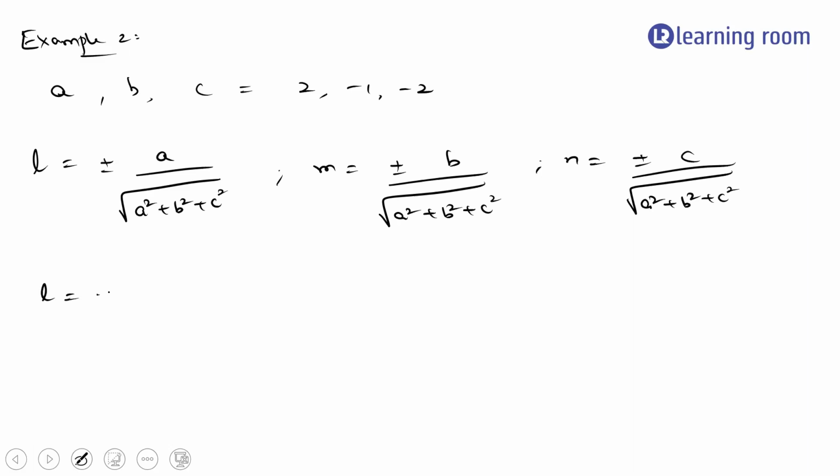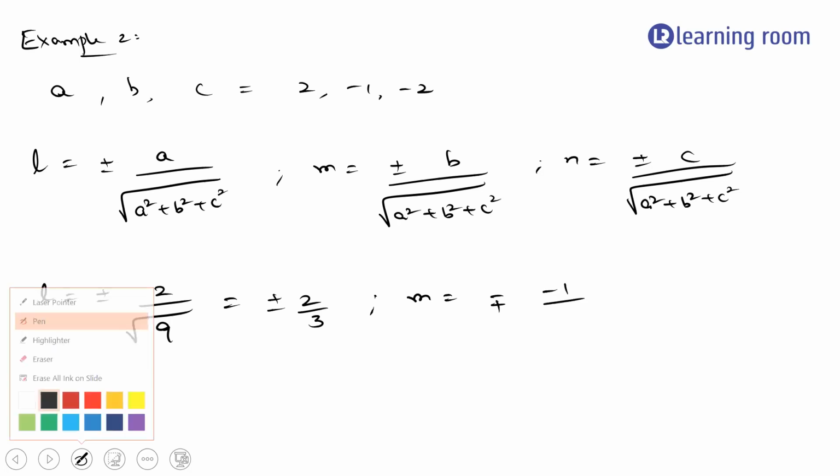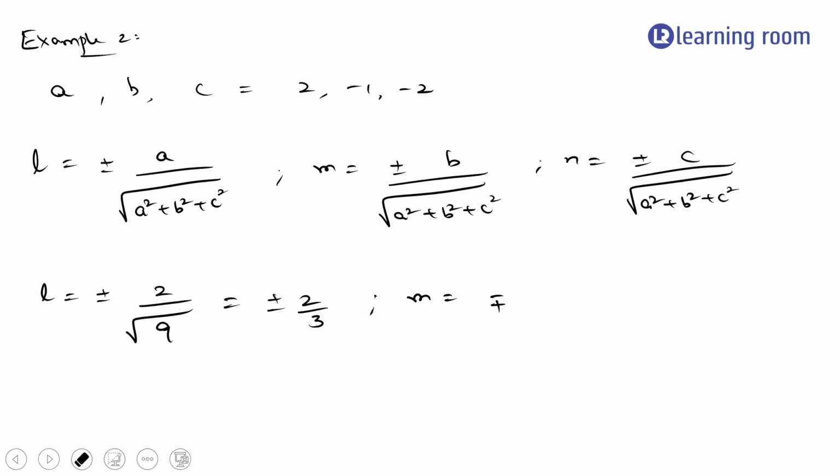So L will be equal to plus or minus A divided by root of what are they? So root of 4 plus 4 plus 1, so root 9. L will be plus or minus 2 divided by 3. M will be minus or plus 1 divided by 3.